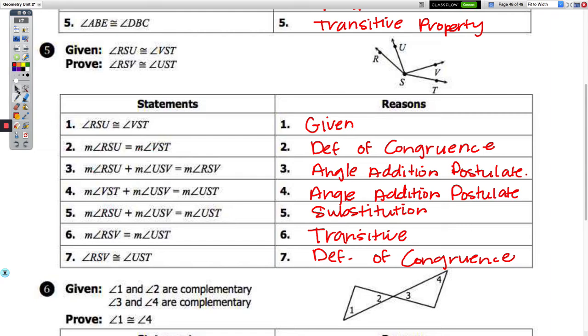So on 4 and 5, you substituted RSU for VST. You want to put that out here, that the measure of angle RSU equals the measure of angle VST, so you can see what you have substituted. You can look at 4 and 5 and see what's different. To me, that's the easiest way to see what has changed. Then I go back up here and verify that this does equal this, so it can be substituted. And that's when I know that it was substitution.